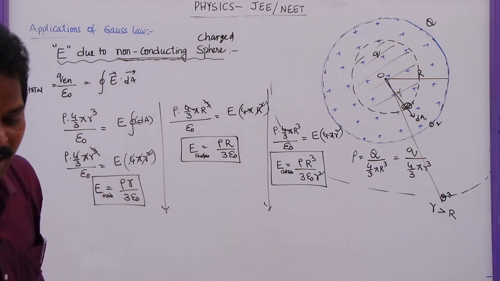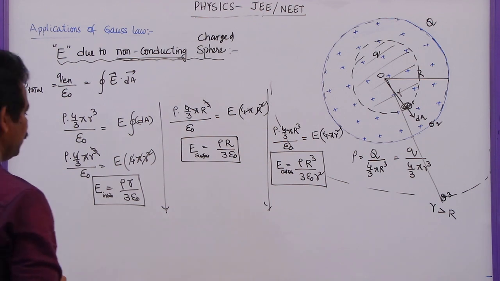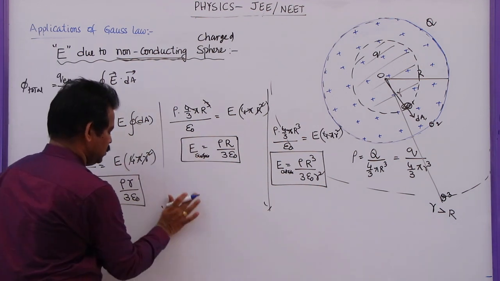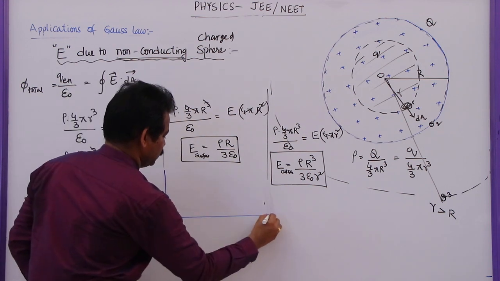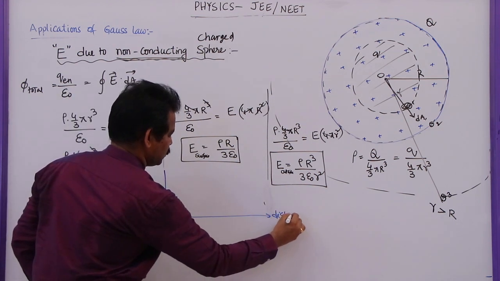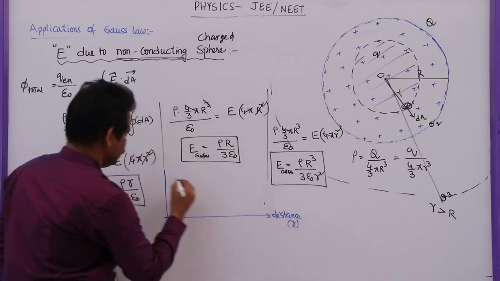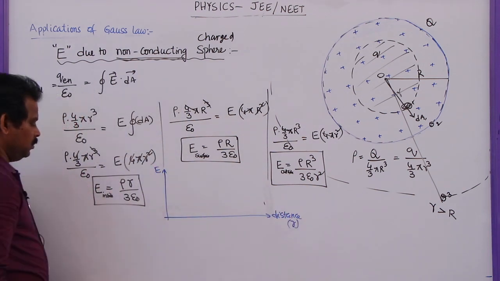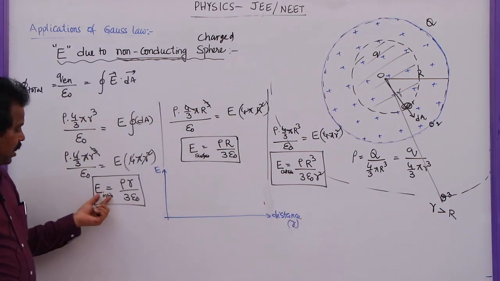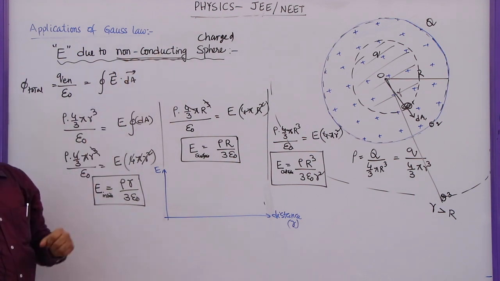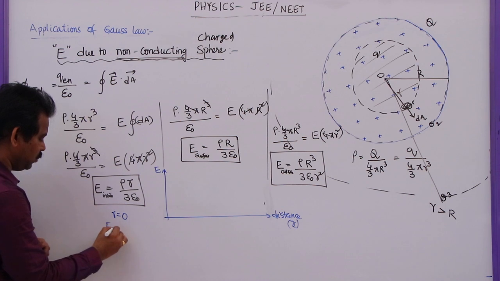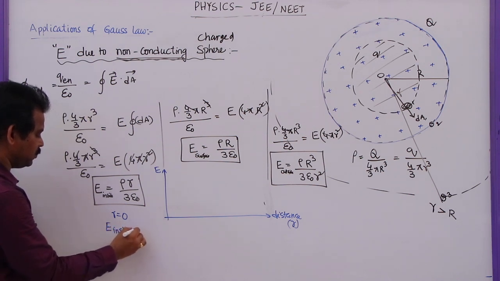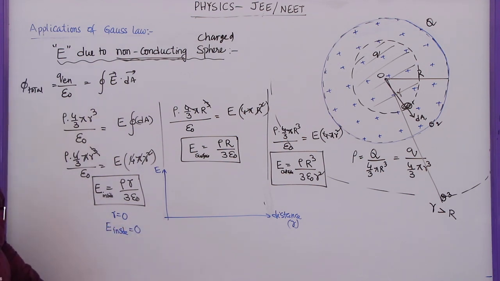Now if we wish to draw the graph for this variation of electric field with distance, here I can write, this is the electric field, this is the distance r. At the center of the non-conducting sphere, when r is equal to 0, the electric field inside the non-conducting charged sphere is also 0.